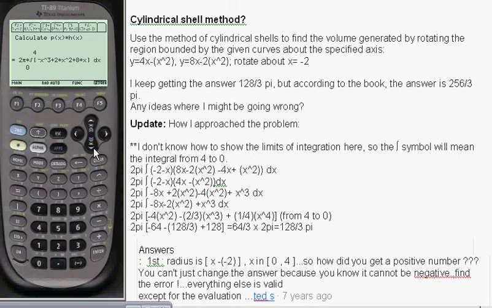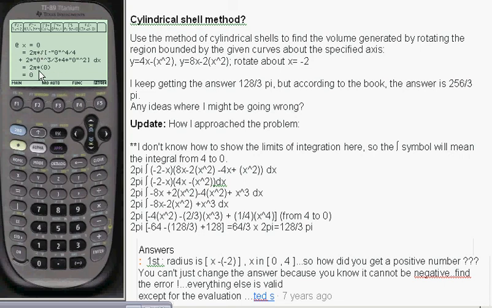Write all this stuff on your paper exactly as you see it. We're going to calculate p of x times h of x, which is equal to this here. And we're going to integrate, which equals this, and then the limits here. At x equals 4, we got 256 pi over 3.